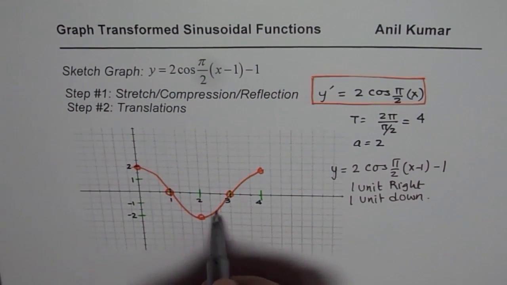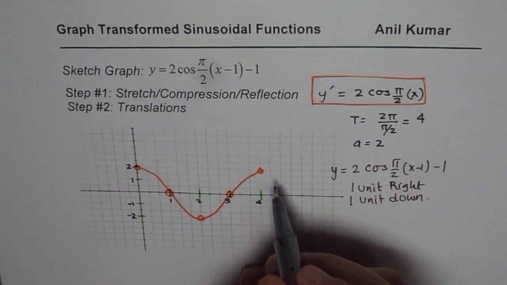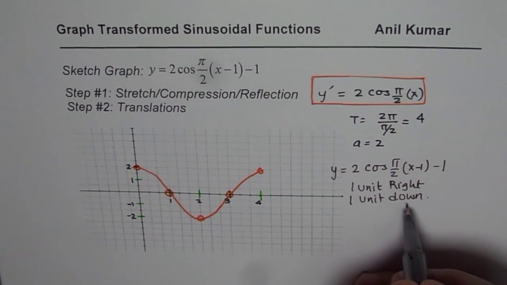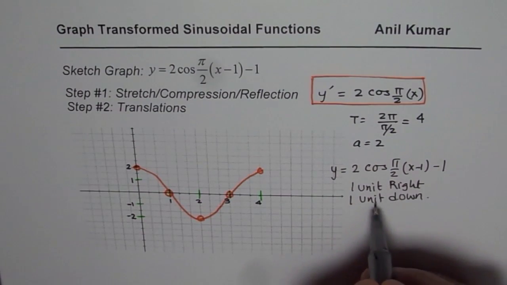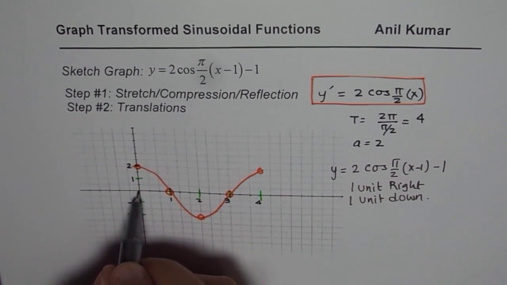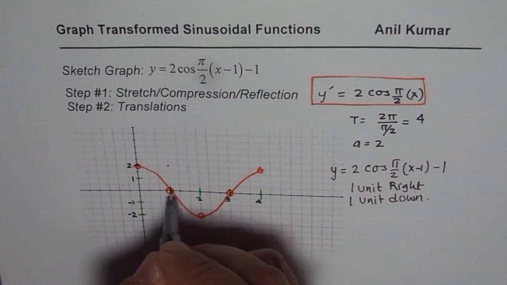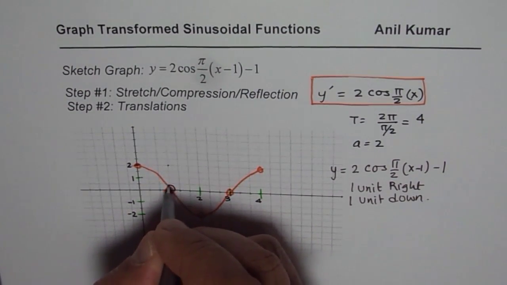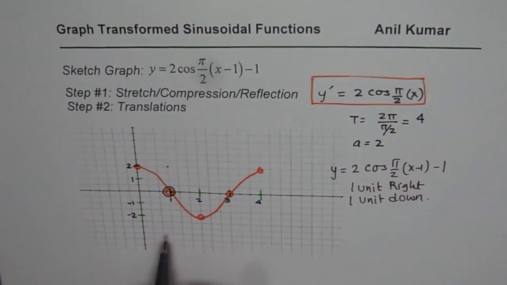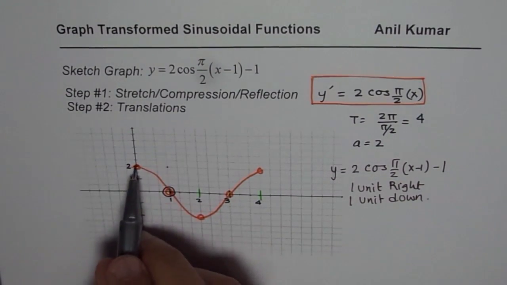So these are the 5 points which we are taking help of to sketch the final graph. 1 unit right, 1 unit down. So we come to this place. Do you see that? That is 1 unit right, 1 unit down from that point.